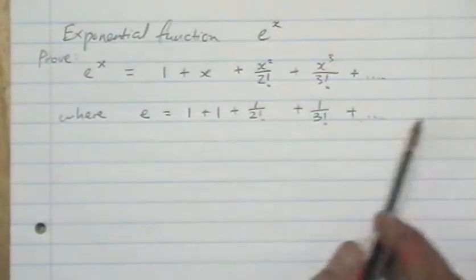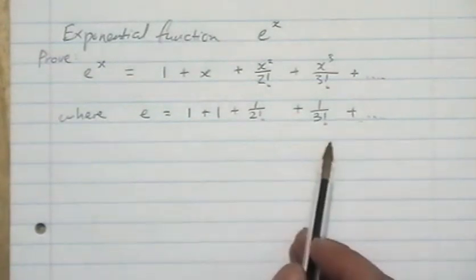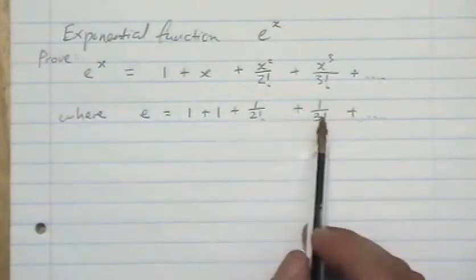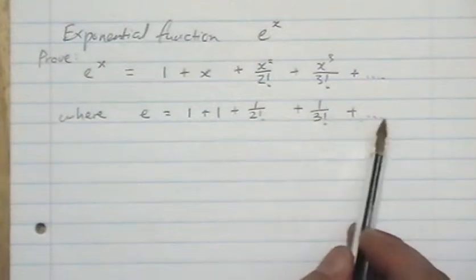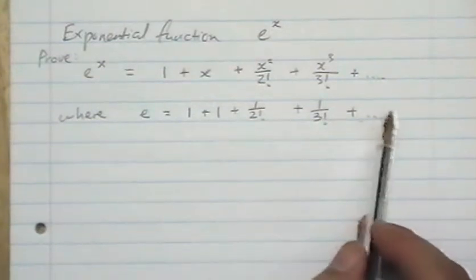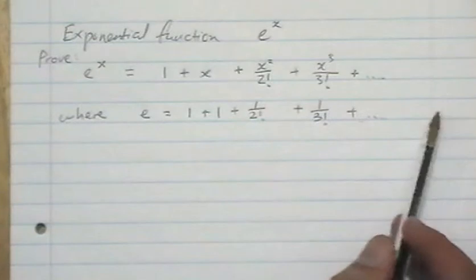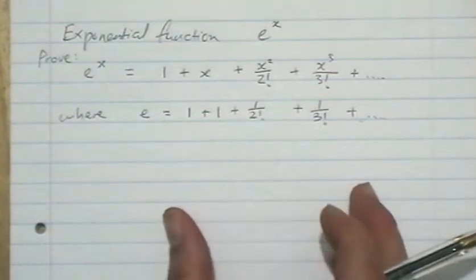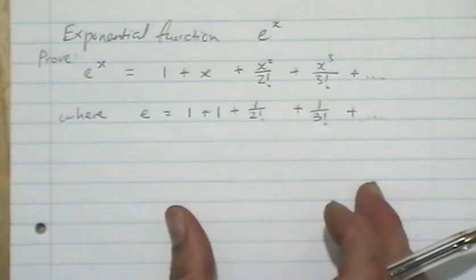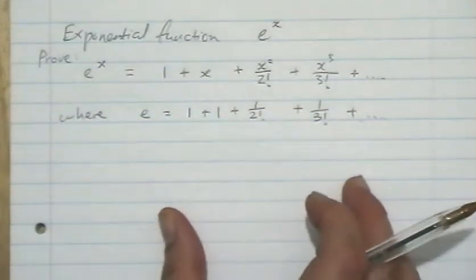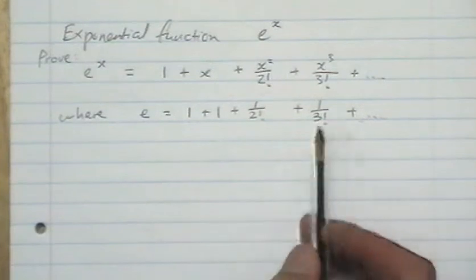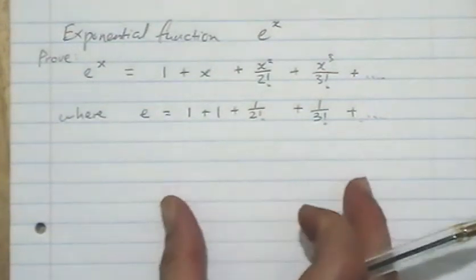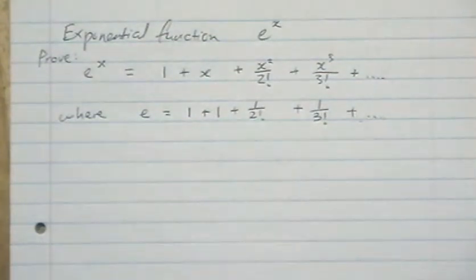But we don't have to if we just want a certain number of decimal places, because each of these terms gets smaller and smaller very rapidly. So after a certain number of terms, it will have no effect. If you want a certain number of decimal places, all you need is to add until the terms are too small to make any change to that last decimal place.